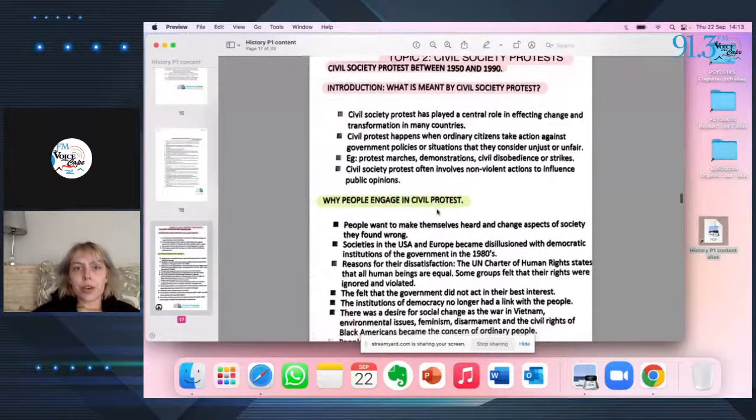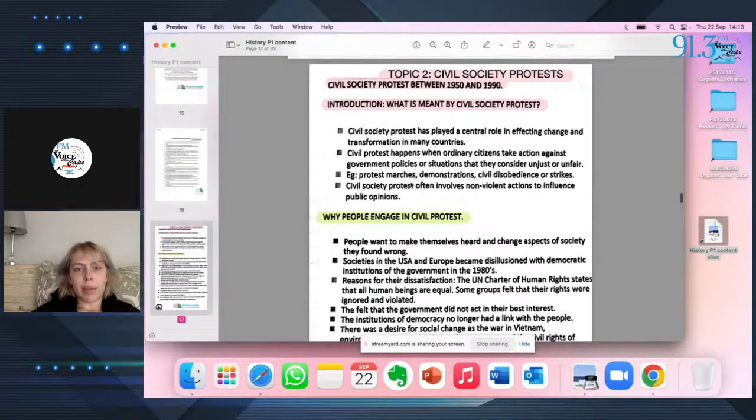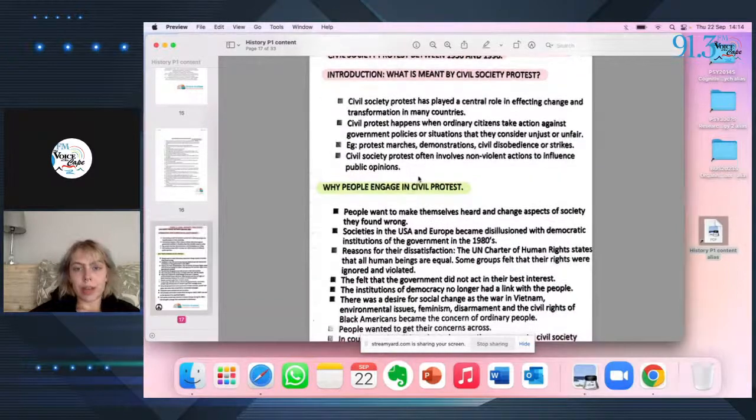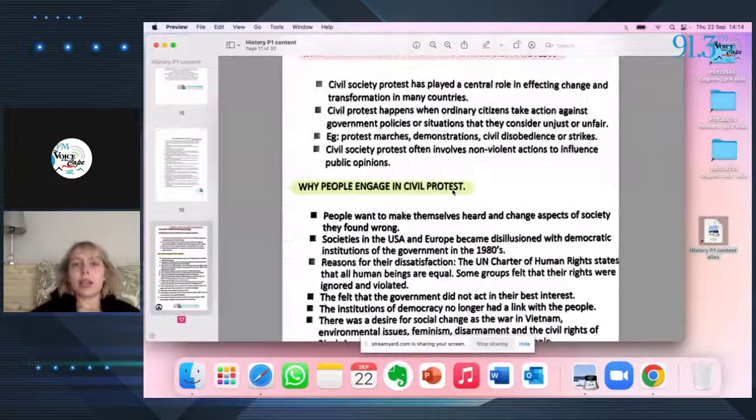Okay, so civil society protests between 1950 and 1990. I believe this will probably have been your term one or term two work. It's important to know what civil society protest means. Civil society protest has played a central role in affecting change and transformation in many countries. What is civil protest?